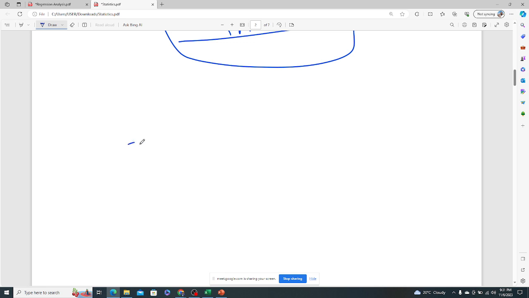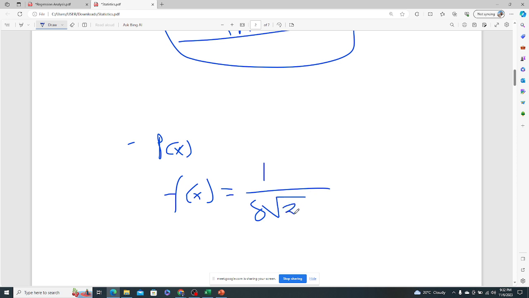For example, for the normal distribution, the function of x is given by 1 divided by sigma, which is the standard deviation, times the square root of 2 pi, multiplied by the exponent of negative half into (x minus mu) divided by sigma, squared.